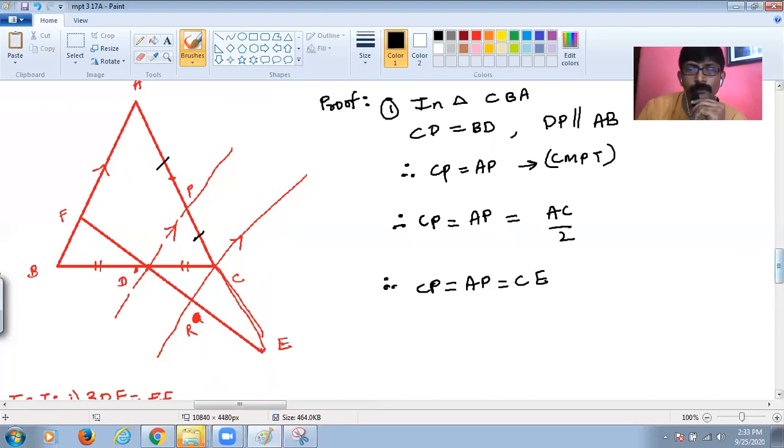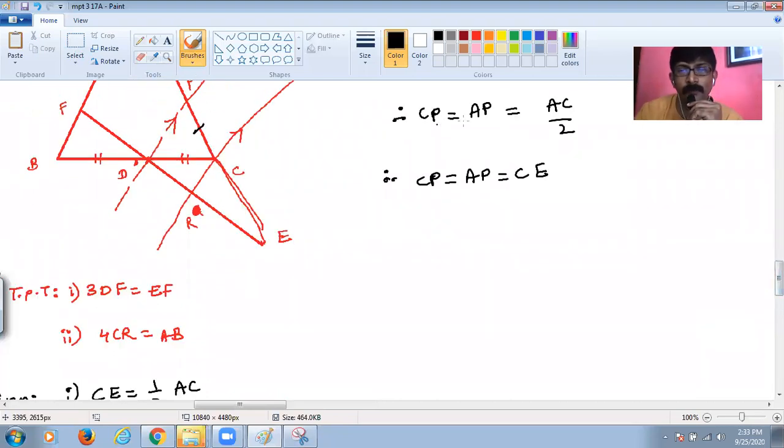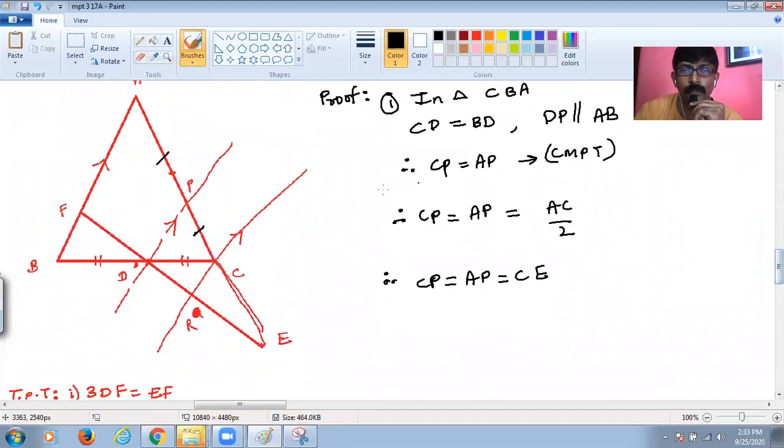Isn't it? So you can say that because CE was half of AC and CP and AP are also half of AC, CE and CP and AP all are equal, isn't it? So it is from 1 and 2, you can say. From 1 and 2.